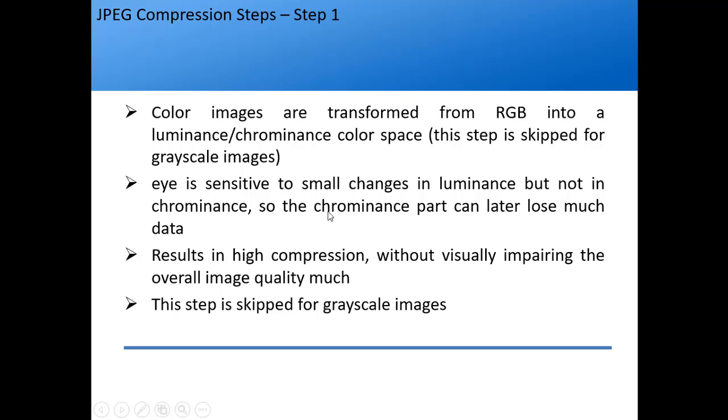That is what is written here. This results in high compression without visually impairing the overall image quality much. Why doesn't it visually impair the image quality? Because we are compressing only the chrominance part mainly in the first step. Again, this step is kept for grayscale images.